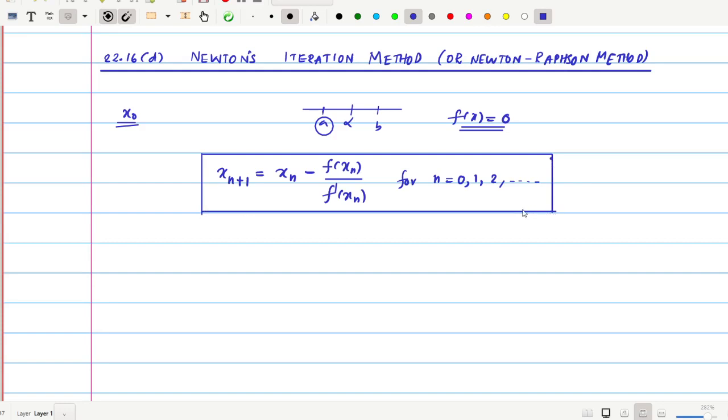Now once you understand this formula, we have three remarks. The first one is the geometrical interpretation of this formula.